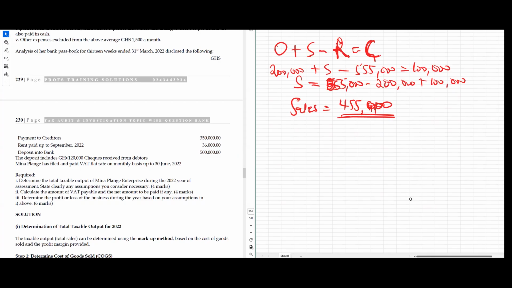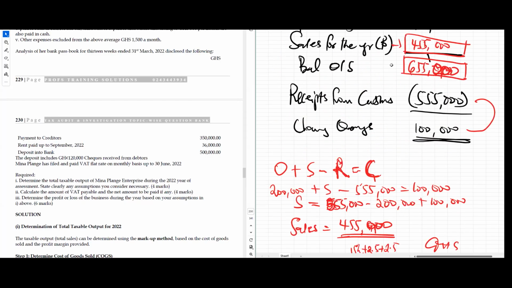Since you have gotten our sales, can we get our output VAT? Our output VAT is going to be 20%, which is 15% VAT, COVID, NHIL 2.5, then GETFund 2.5, making this 20. So 20% times the 455,000 gives us a total of 91,000.